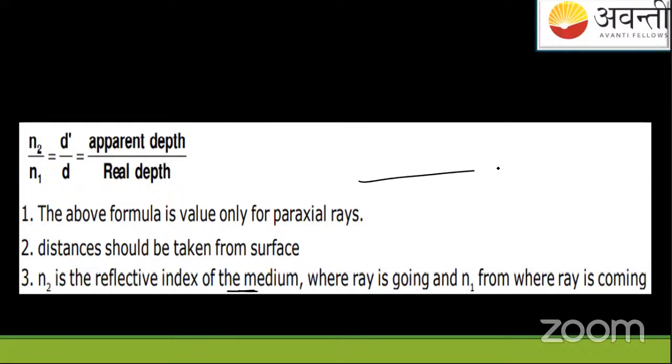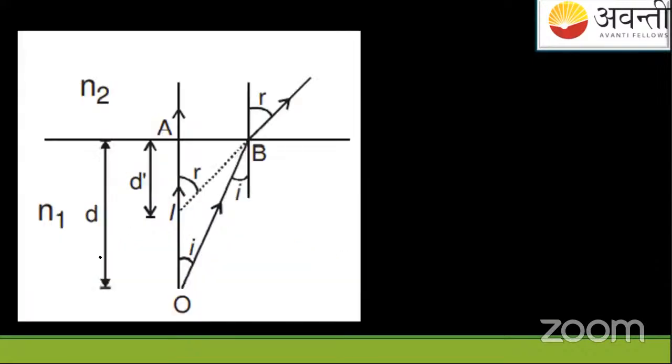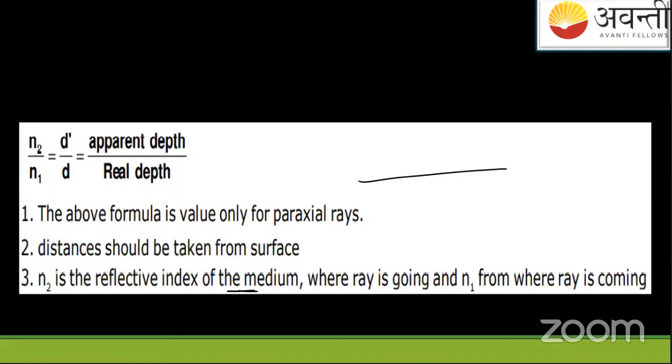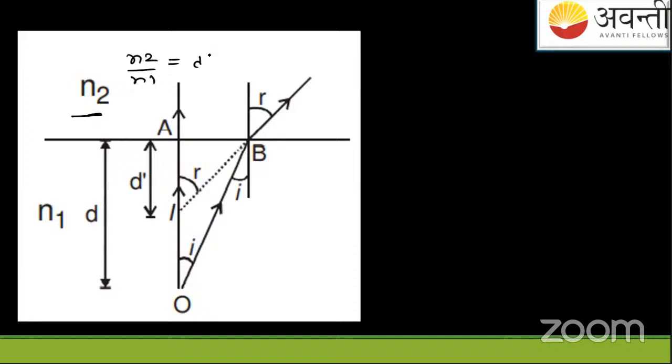Above, the formula is n2 upon n1 equals apparent depth, d dash, upon d. If you cross multiply, you will get n1 d dash equals n2 d.